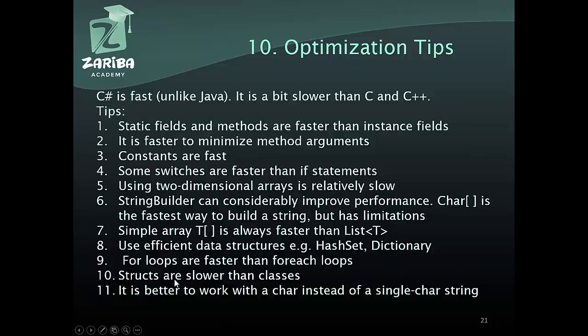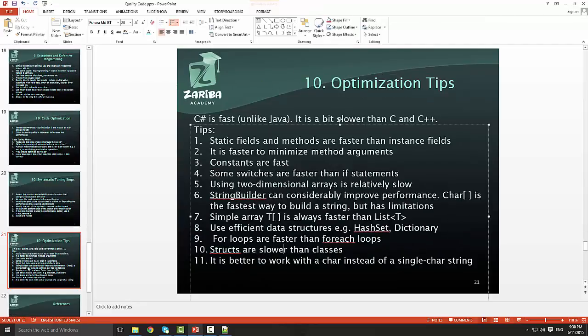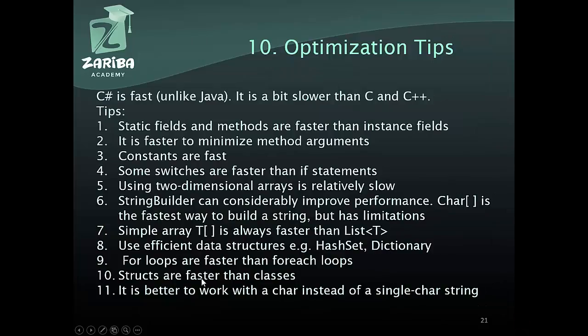Structs are faster than classes, because classes are reference types and structs are value types. So they're always faster. The same is true with the char array and with the string builder as well.